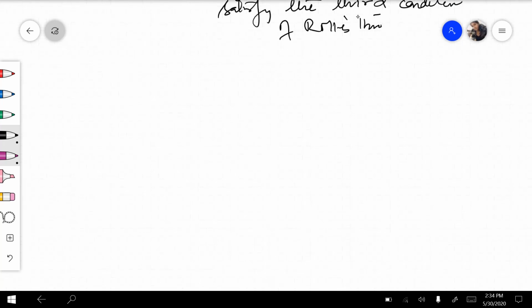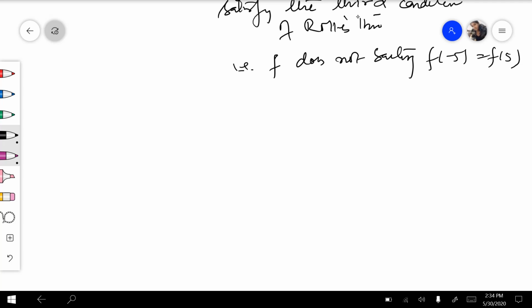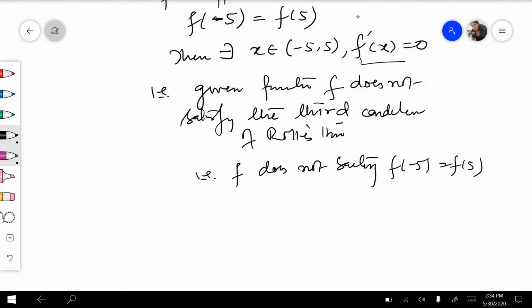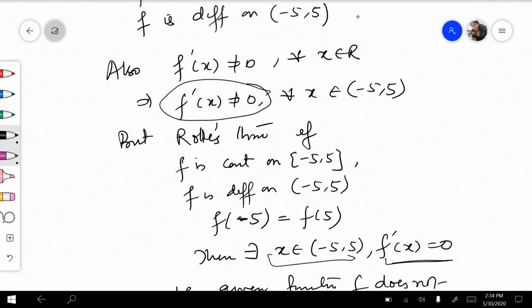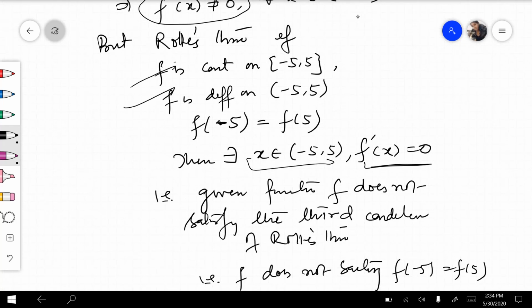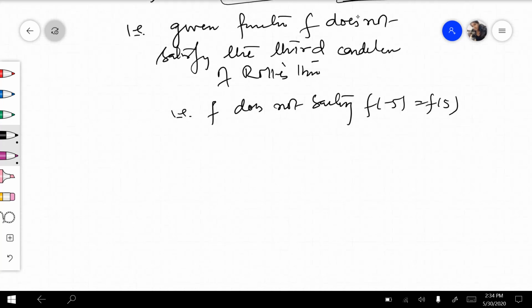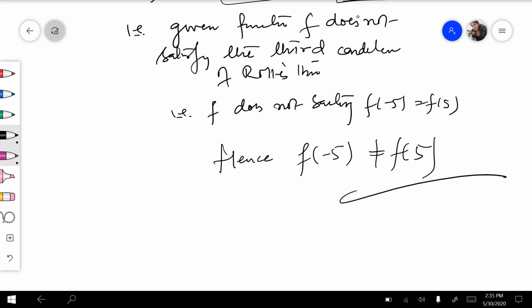That is, f does not satisfy f of -5 equals f of 5, क्योंकि दो कंडीशन तो सेटिस्फाई हो रही हैं। अगर तीसरी कंडीशन भी सेटिस्फाई हो जाती तो f dash x 0 मिलता हमारे को किसी x which is between -5 and 5, बट हमें दिया हुआ कि दिस इज नॉट इक्वल टू 0, दैट मींस पहली दो कंडीशंस मीट हो गईं तो तीसरी कंडीशन जो मीट नहीं हो रही है, तो हेंस f of -5 is not equal to f of 5. Over.